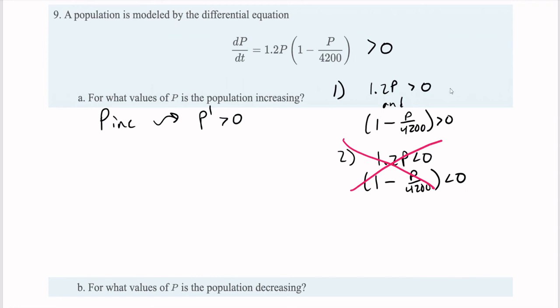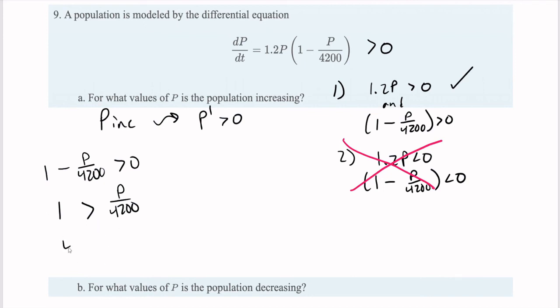So then this one's not too hard to do. I just need the population to be bigger than 0. Okay, this one I got to do a little work for. 1 minus p over 4,200, and we don't need the extra parenthesis for a moment. I want this to be greater than 0, so that means I need p over 4,200, I move this over, I need this fraction to be less than 1.